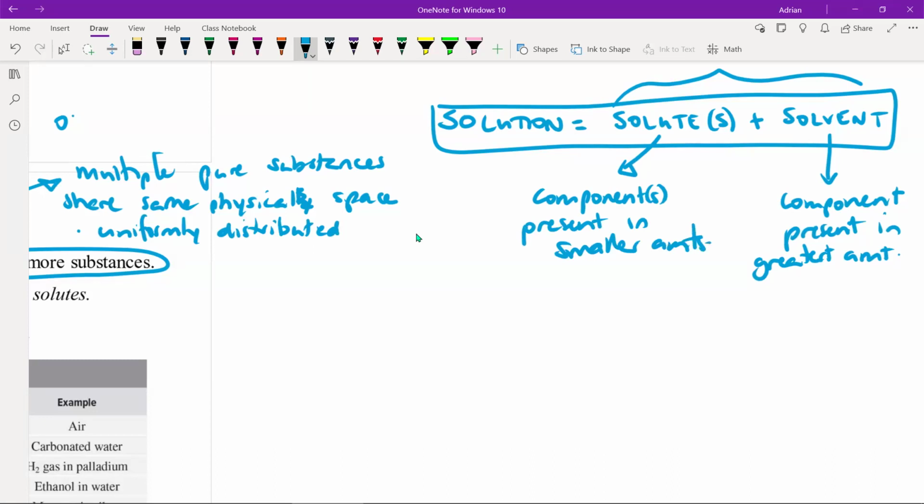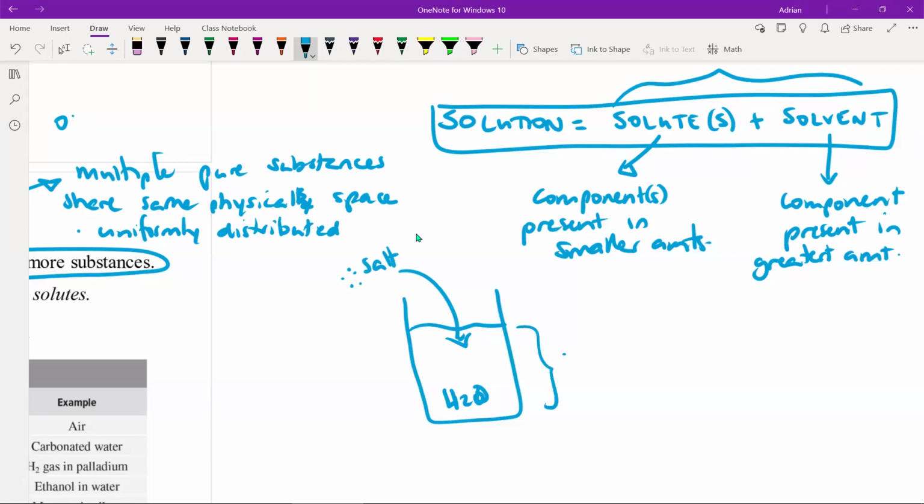So as a very simple example, if you have a beaker and you have some water in it, some H2O, and you added a pinch of salt to it, and then you stirred it up to dissolve it, well, then what you end up making here is a salt water solution. And we'll abbreviate solution as SOLN.